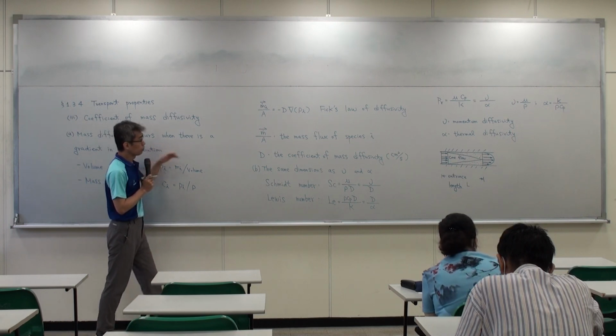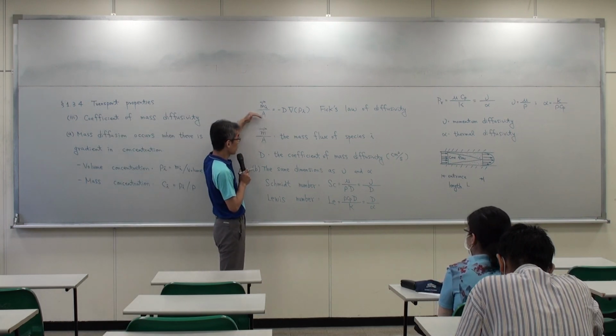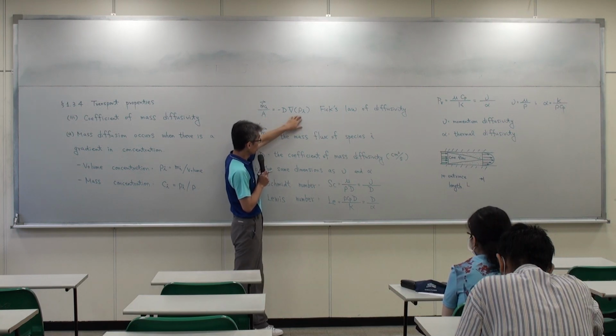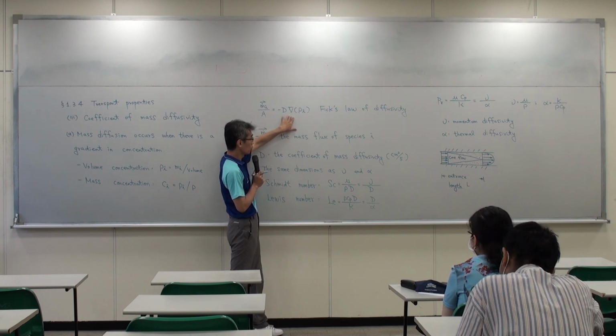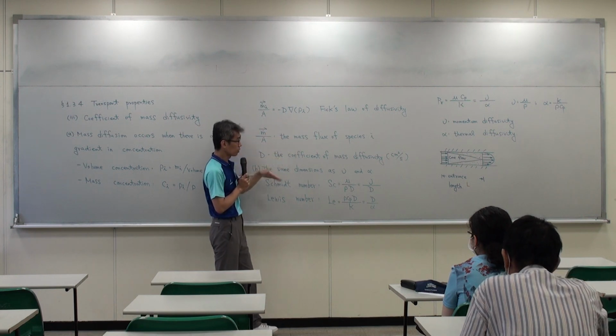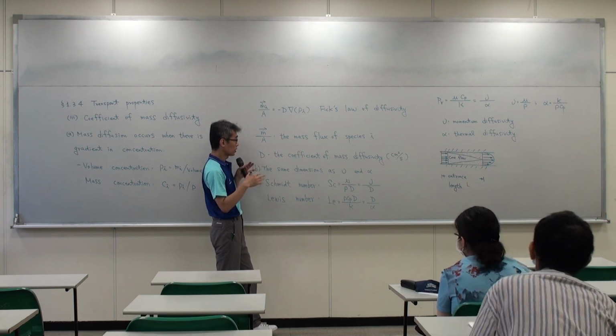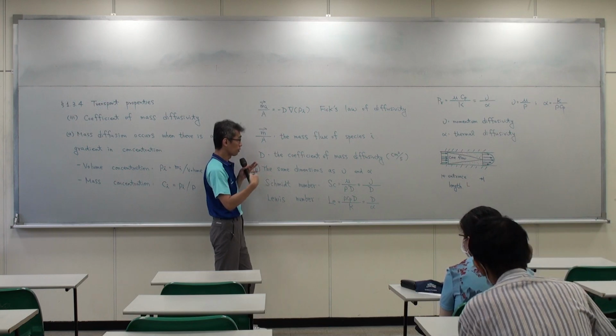So Fick's law usually represents it this way. Your mass flow rate per unit area is related to this concentration gradient. So your concentration gradient will determine the direction in which this mass goes.